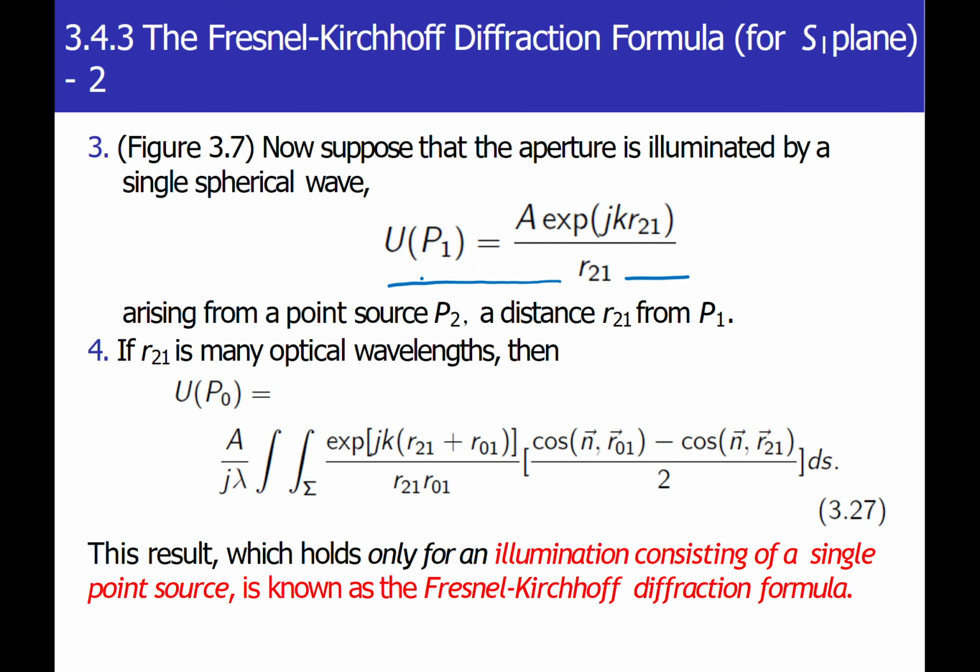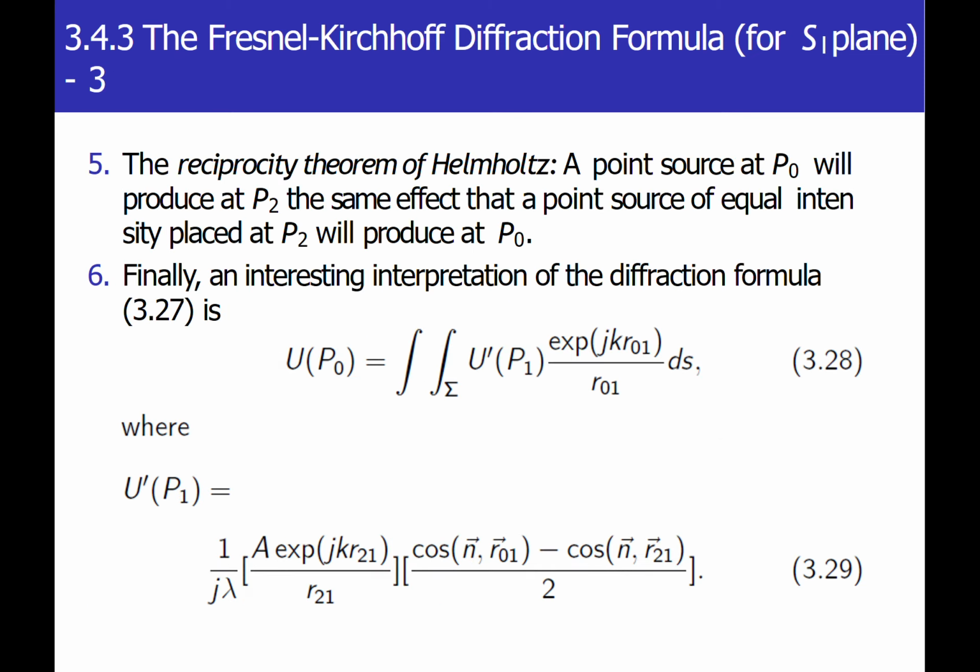Okay, and in this case, our U(P0) is given by this one. An illumination consisting of a single point source gives what is known as the Fresnel-Kirchhoff diffraction formula. Okay, so everything is known. And then what we need to do is just to take the integral over the arbitrary aperture. So the problem in principle can be solved.